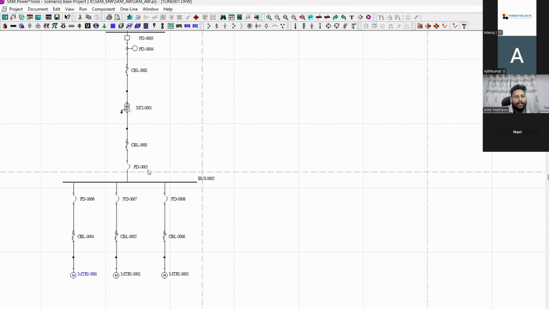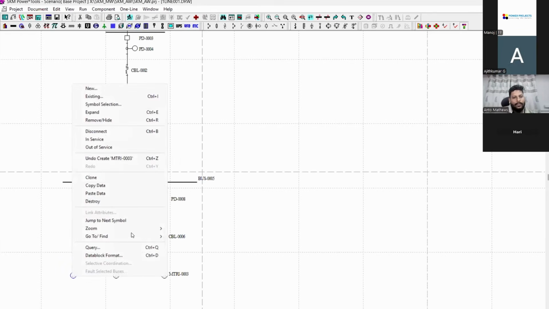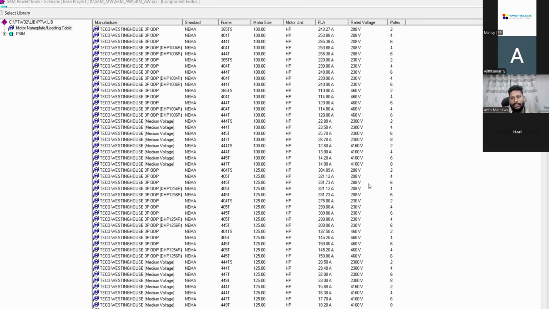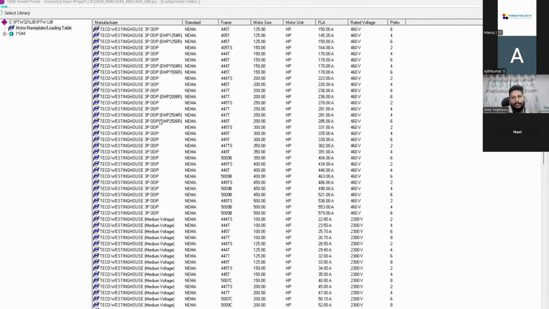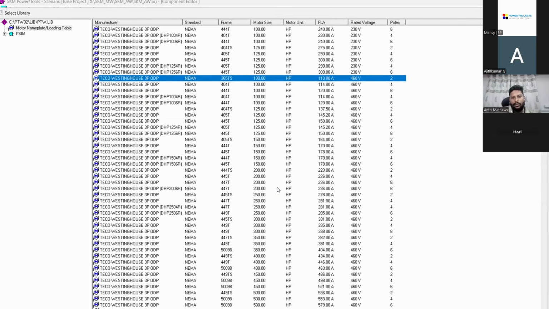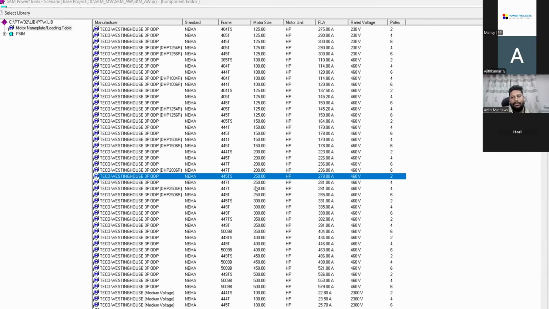After that, I have to do the motor. For the motor also I'm going with the library. For the 250 motor, the rating is 480, or 460 I can select. I'm going with 4 pole.